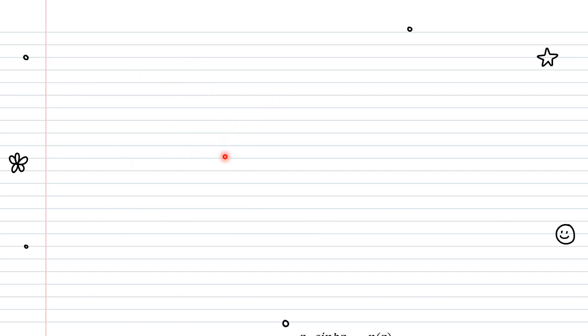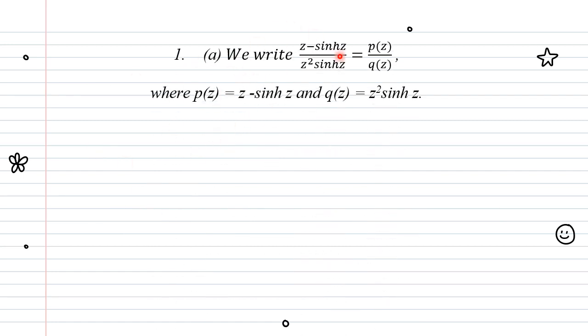So the first thing that we do is write the expression as we are used to right now. This is the numerator and this is the denominator. So we specify that. So far we're clear with this.